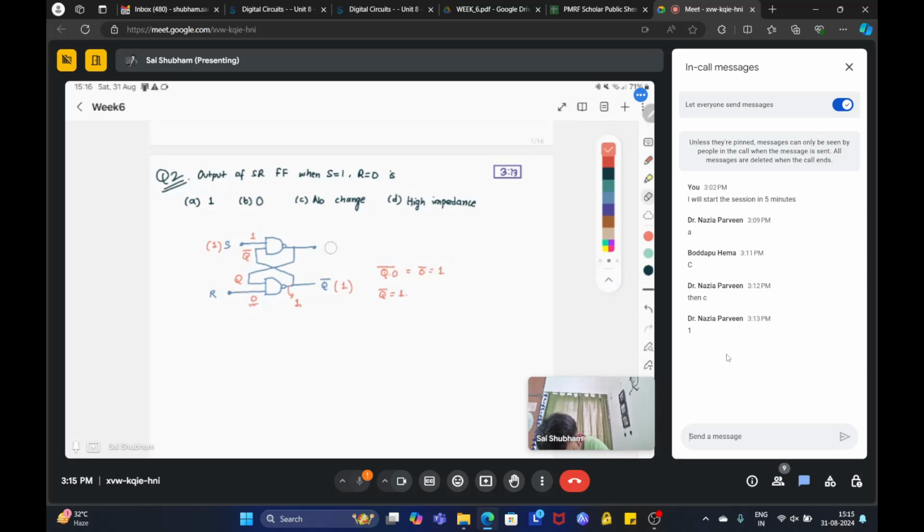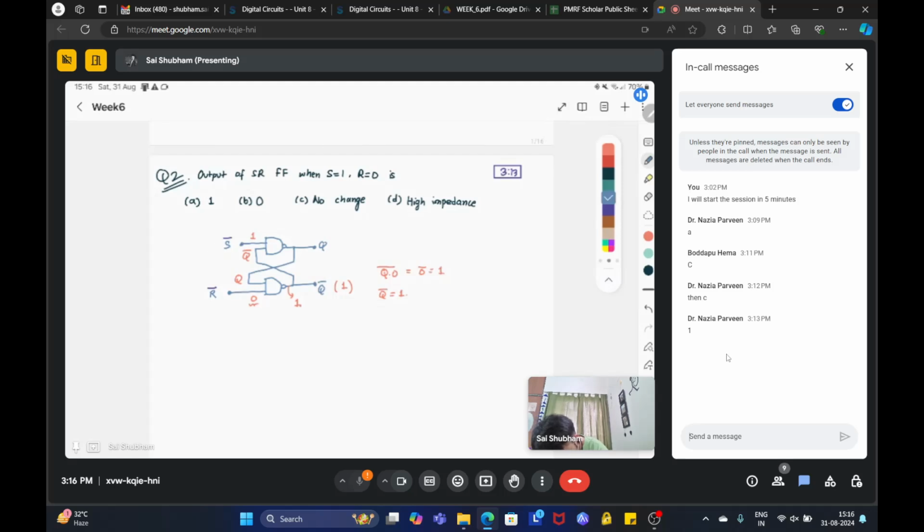Actually, there is some mistake. This should be Q. The input that comes here in this case is actually S bar and this is R bar. If that is what we follow, this will be Q and this will be Q bar.